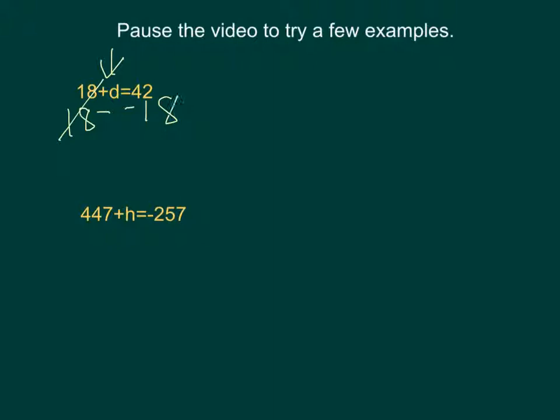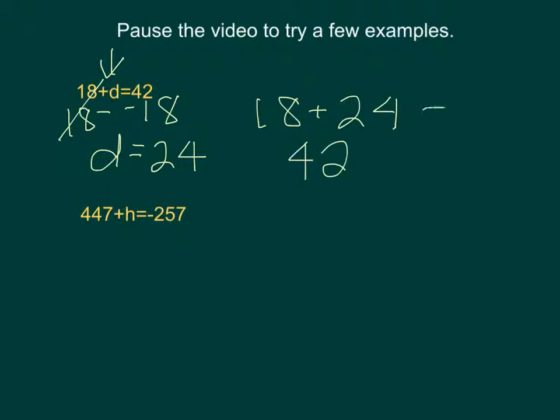So 18 over here, so D would equal, and now you have to figure out what 42 subtracting 18 would be, and you would get 24, so D would equal 24. If you go back in and plug that in, 18 plus 24 equals 42, and it was expected to equal 42, so you would say it checks out.